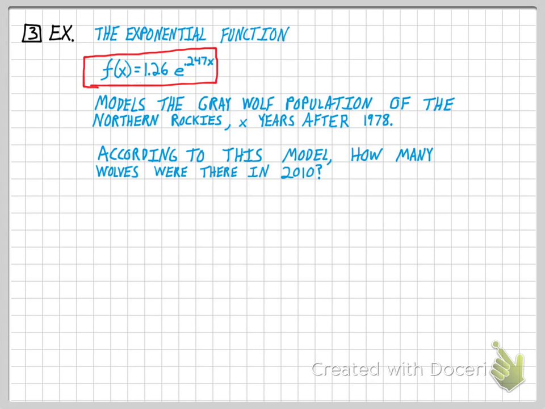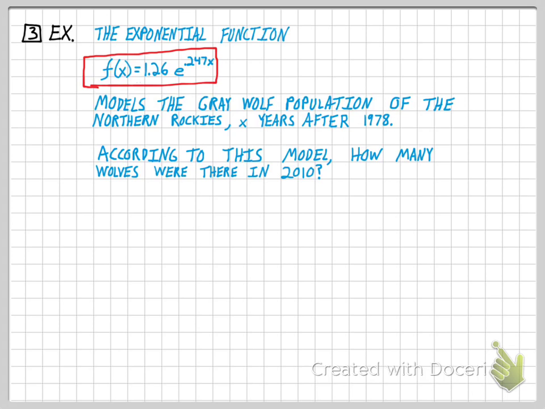So 1.26 e to the 0.247x power is going to give us the number of wolves x years after 1978. So this was an endangered species. Back in 1978 they started tracking it to see if the wolf population was growing. So our question is, how many wolves are there in the year 2010 according to this model?